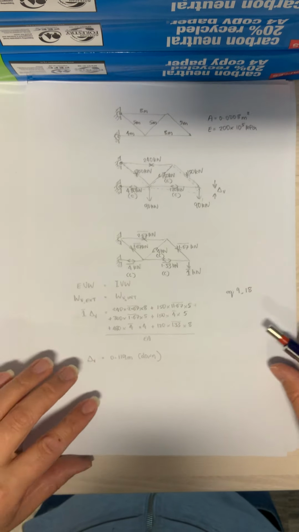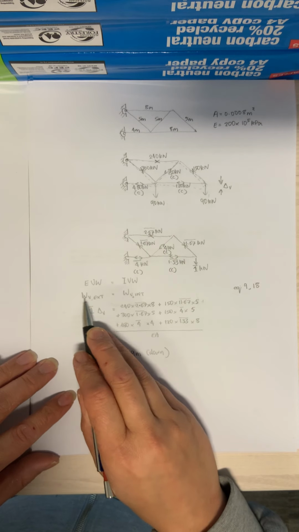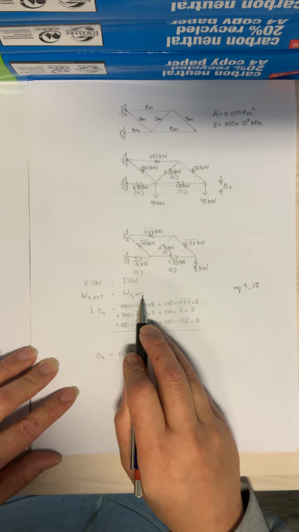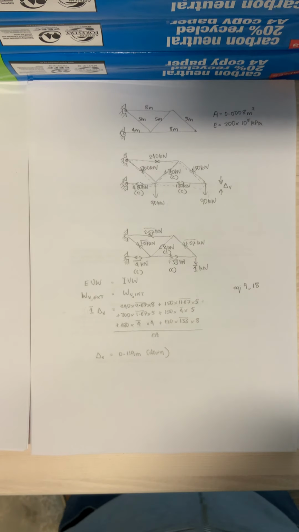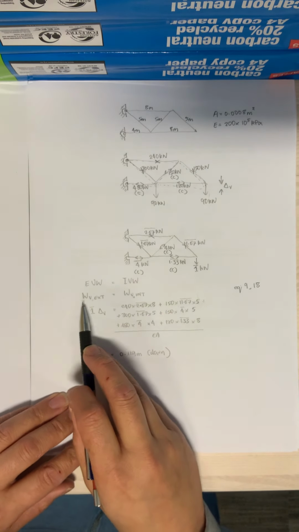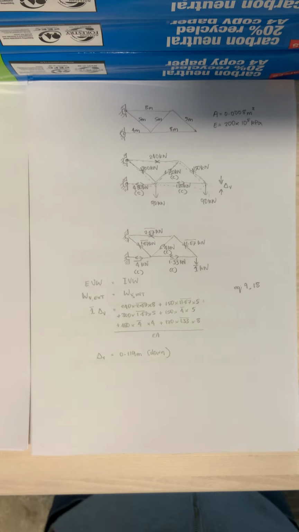The notation that we use is W for work, W V external is equal to W V internal. When I was in undergrad, I was using EVW and IVW, but that's the notation. So external virtual work is equal to internal virtual work.